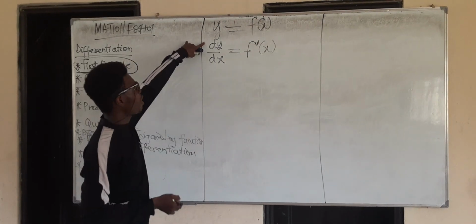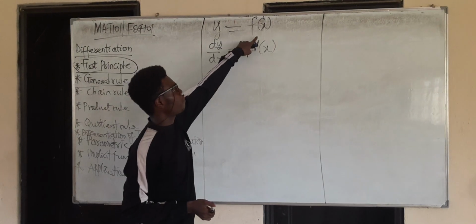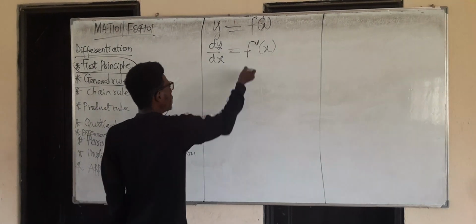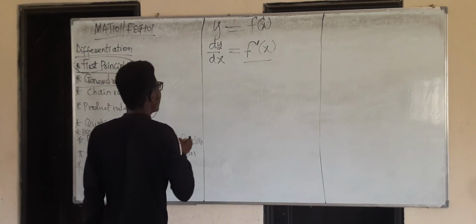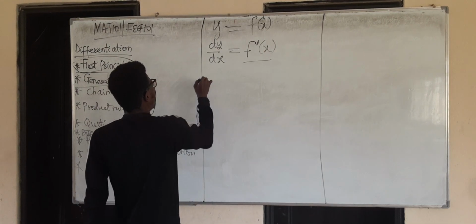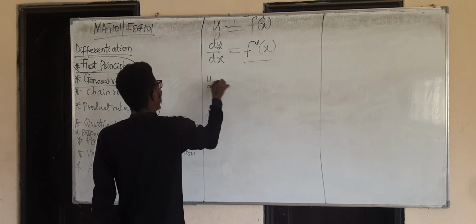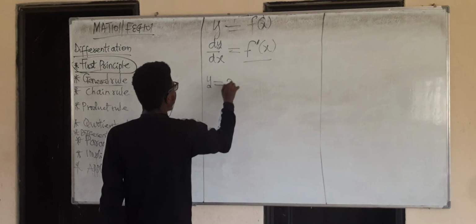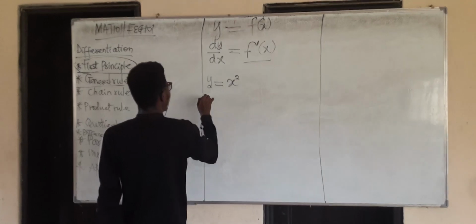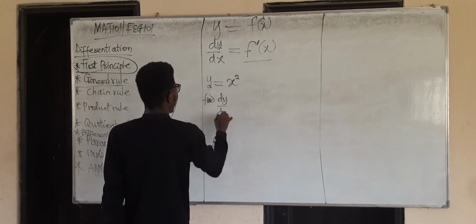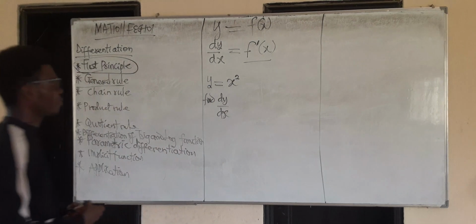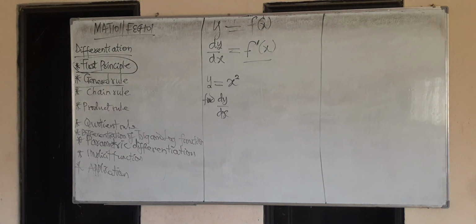That means another name for dy over dx is f prime x, or you say the derivative of f of x. Alright, so have this question. If you have y equal to x squared, and you are told to find dy over dx, what do you do?